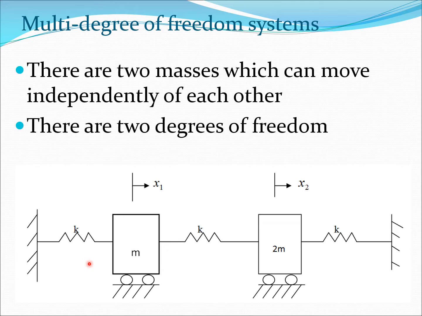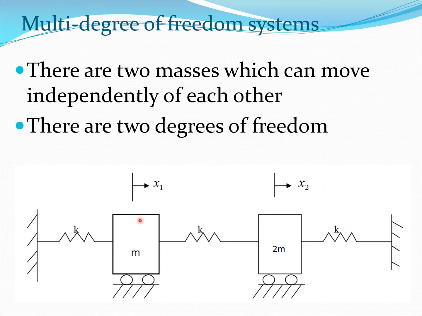Now, essentially, if we think about how this thing is going to move, we could pull it by some quantity x1 and release it. And then both these masses are going to move independently. So we can visualize that there will be a motion where both of them move in the same direction, or they may move in two different directions, as the case may be.